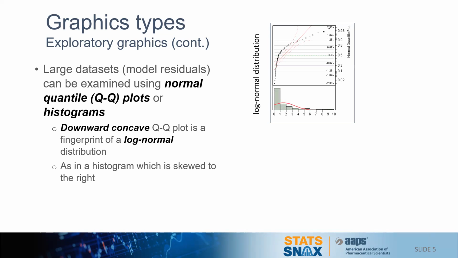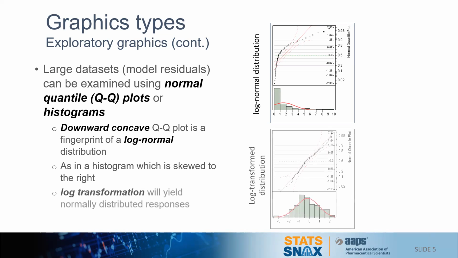And a histogram of that same data would show, as I showed in the previous slide, a skewed distribution. So these are common characteristics of data that are log normally distributed, the downward concave profile in a QQ or normal plot, or a skewed distribution as a histogram.